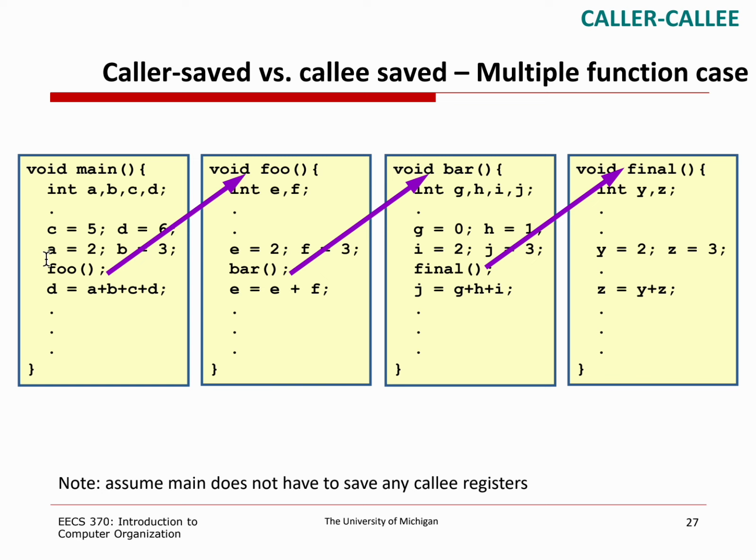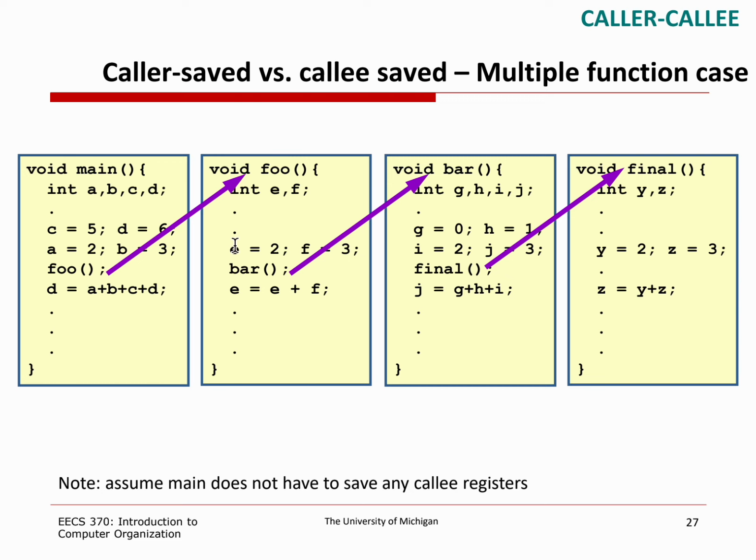So what we do is load and store every single variable. You store it before the function is called, and you restore it after the function has ended. So you end up with four loads and four stores.